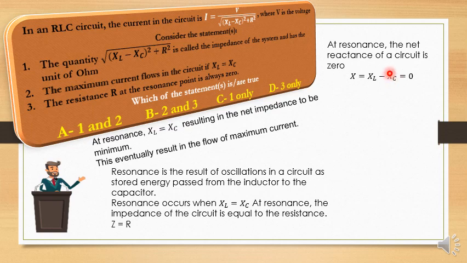But here we are not talking about the net reactance, rather we are talking about the resistance, and at resonance the resistance is not 0. So statement 3 is wrong. This makes D and B wrong. In fact, we have that statement 1 is true, statement 2 is true, and statement 3 is false, and therefore 1 and 2 are correct.